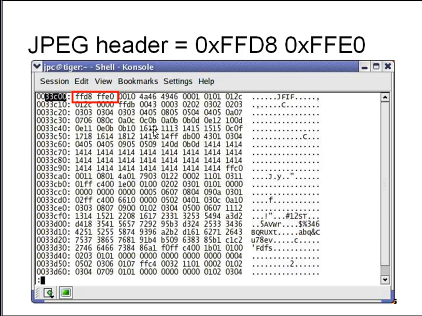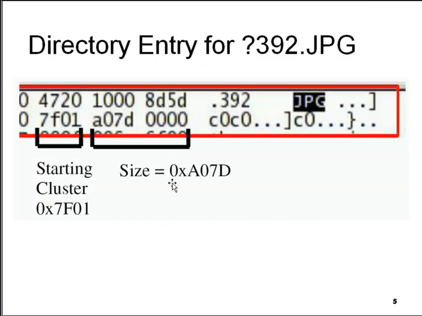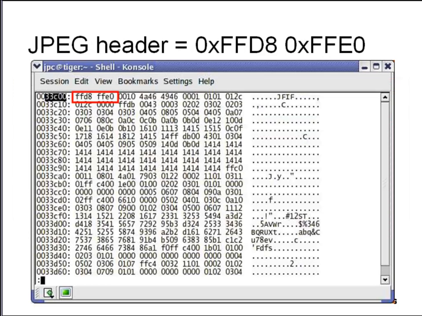What we're showing here is that by going in and changing the starting cluster here, actually doing the byte swapping, we can go down and find the start of the file, which ends up being here. And notice that we have several bytes, 1, 2, 3, 4 bytes here, FFD8, FFE0.